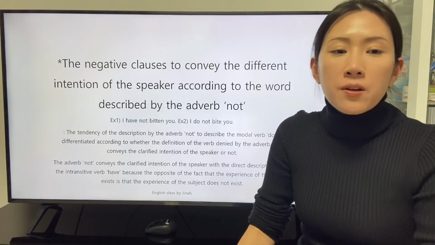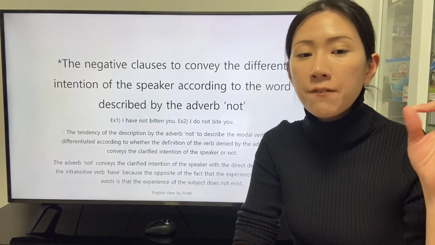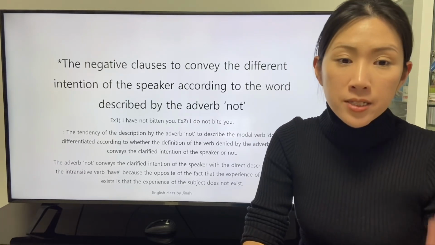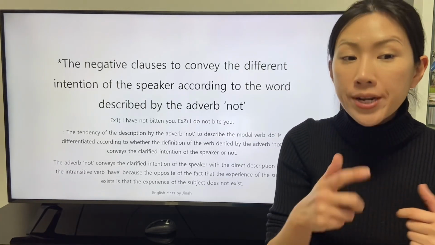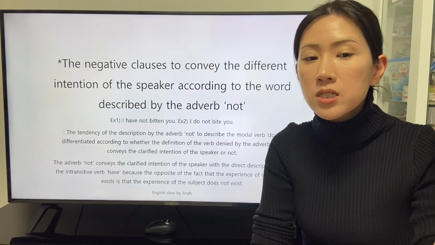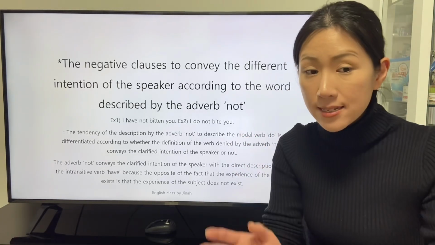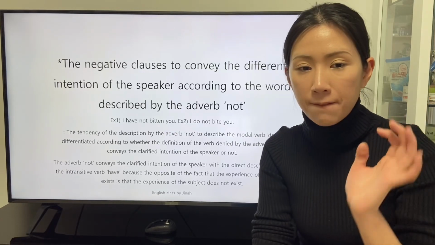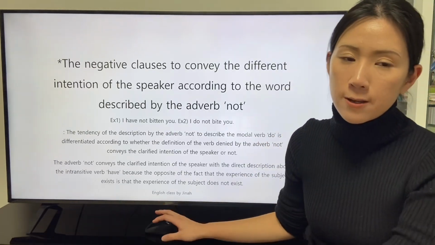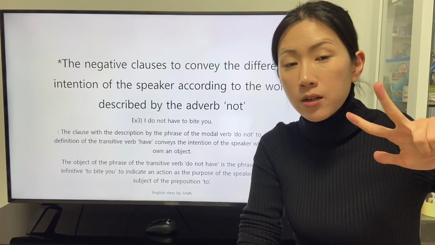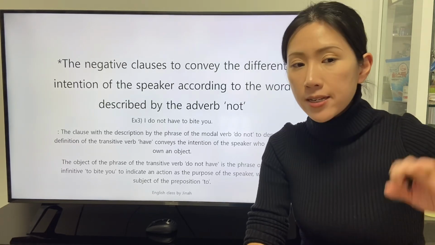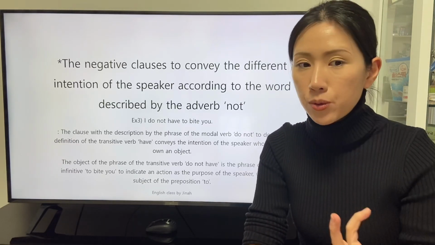The adverb not conveys the clarified intention of the speaker with the direct description about the intransitive verb have, because the opposite of the fact that the experience of the subject exists is that the experience of the subject does not exist. The third clause is this: I do not have to buy you.